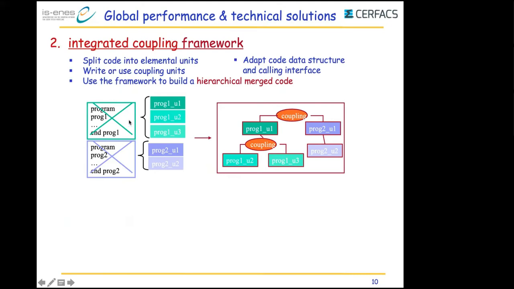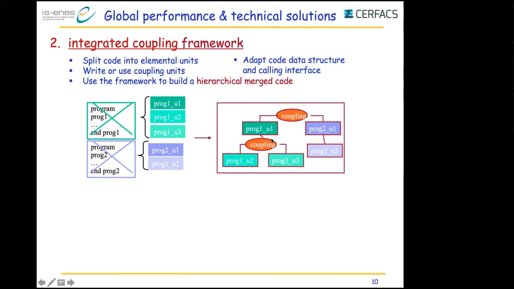You start with your original programs, so prog1, prog2 here, and you split them into elementary units, and then you adapt the data structure and the calling interface of those units, and then you use the framework to rewrite a new hierarchical merged code.